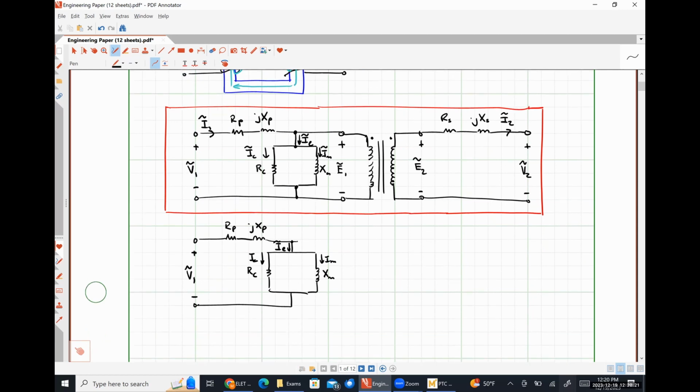So over here, we are going to have R S divided by A squared in series with jX S divided by A squared. And then we are going to have our transformer.